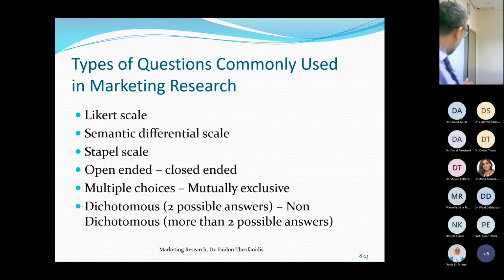Or maybe I still have this list of 10 colors, but because I want to force consumers to select only one option, in the guidelines of the question, I tell them, please select your most preferred color for the package of this chocolate. So in that case, you are forcing them to select one out of a list of 10. In that case, that question becomes also mutually exclusive. Once they select one color, all the remaining colors are excluded.